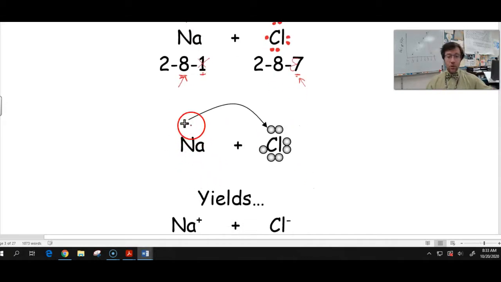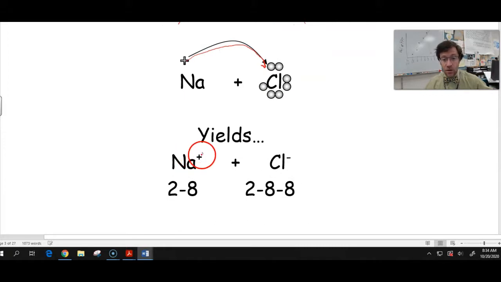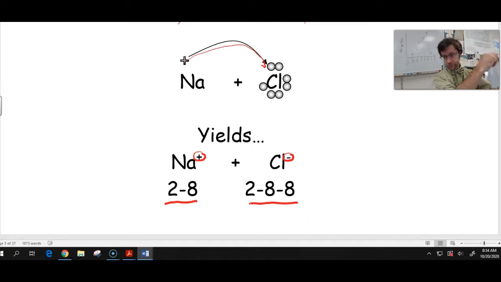So the sodium gives up, or transfers, its electron over to the chlorine, and what we end up with is sodium with a plus charge and chlorine with a minus charge, and look at these configurations. 8s all over. Let me get my reference table here.